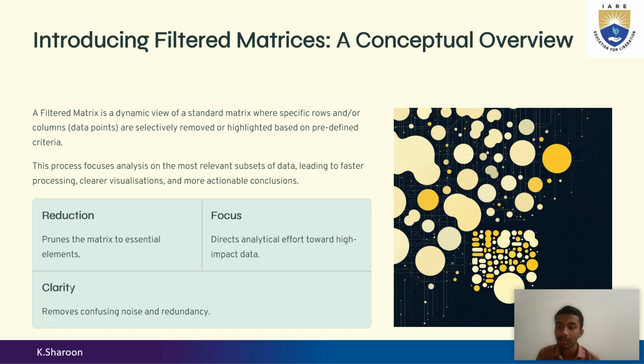Here three things are given: reduction, focus, and clarity. Reduction brings the matrix to essential elements. Focus directs analytical effort toward high impact data. Clarity removes confusing noise and redundancy.